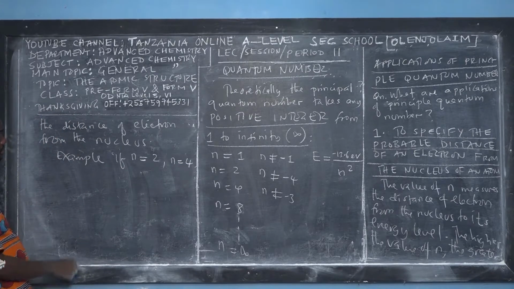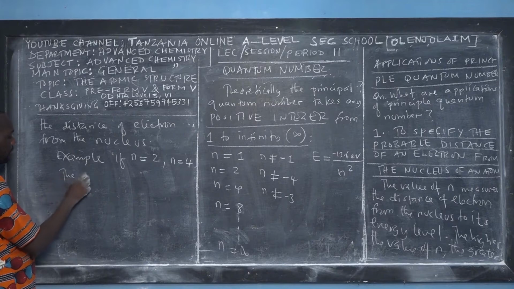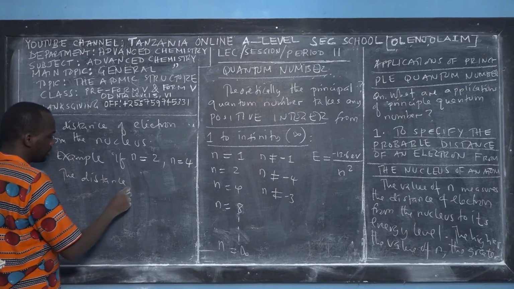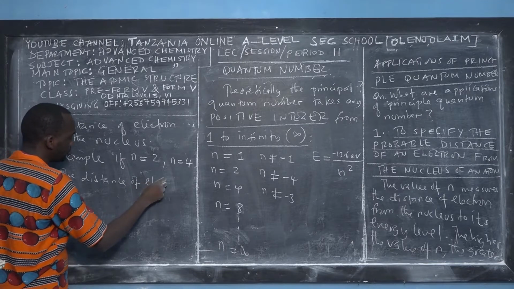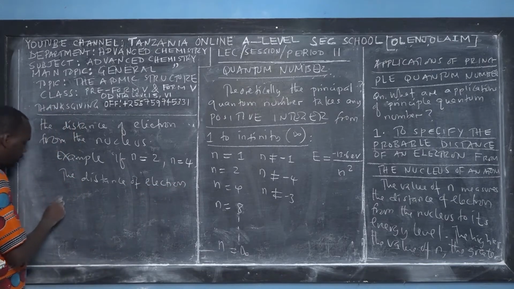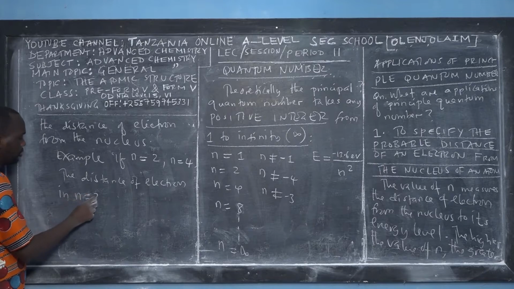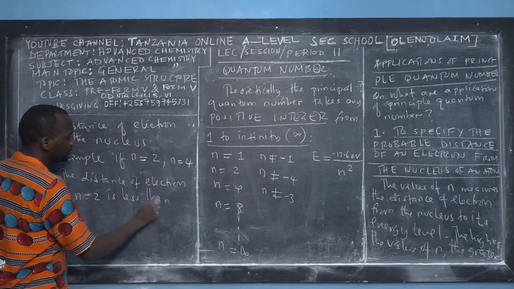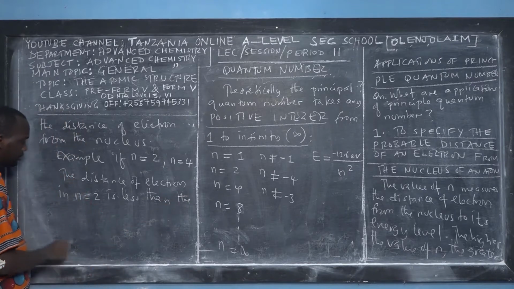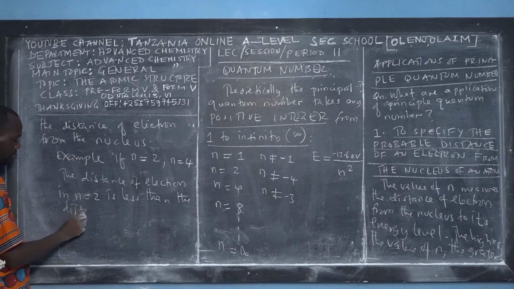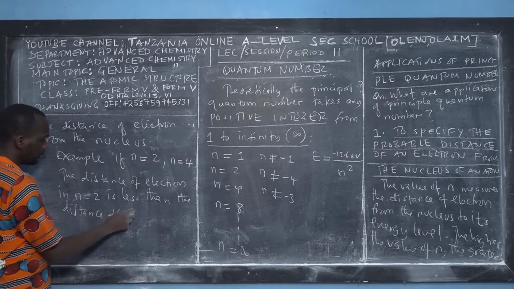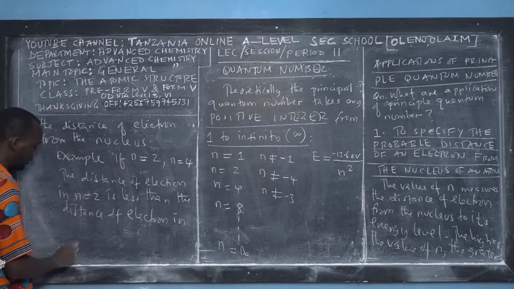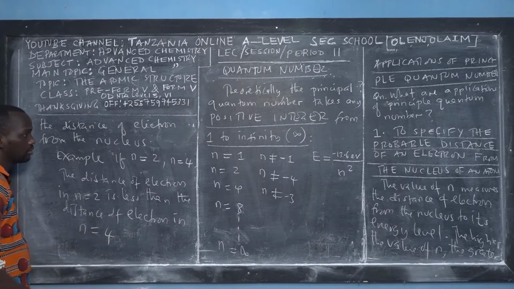So you say that the distance of electron in n equals 2 is less than the distance of electron in n equals 4.